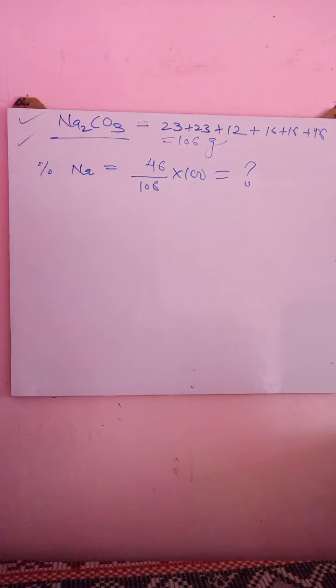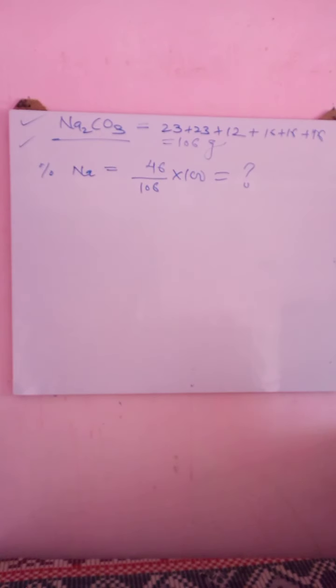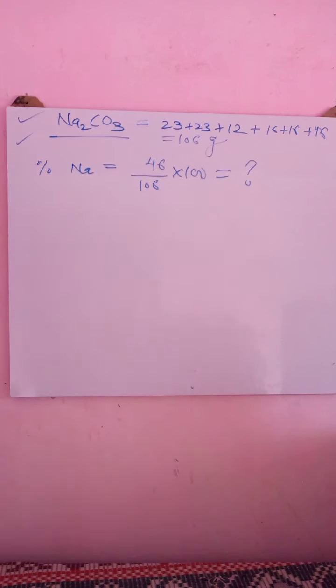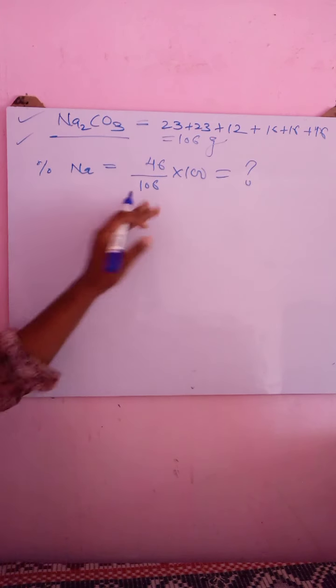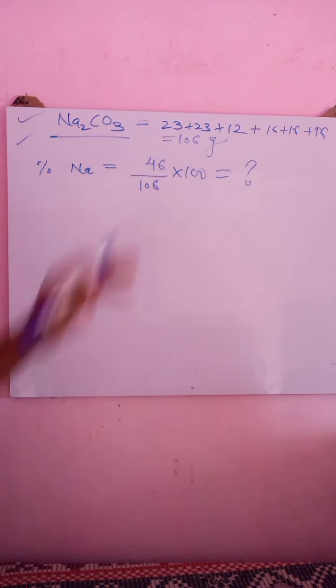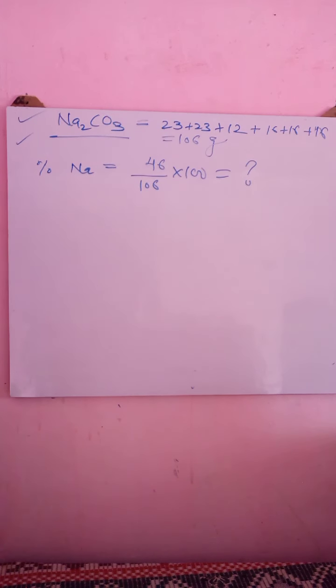You can do this multiplication and division. Because we all know the formula for percentage composition: mass of the element divided by total mass of the compound, multiplied by 100. We have put in the values as per the same formula.